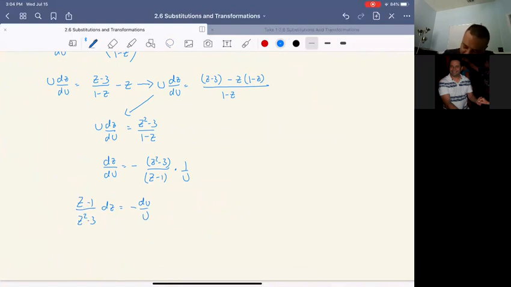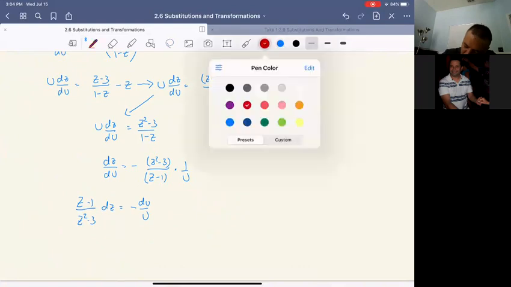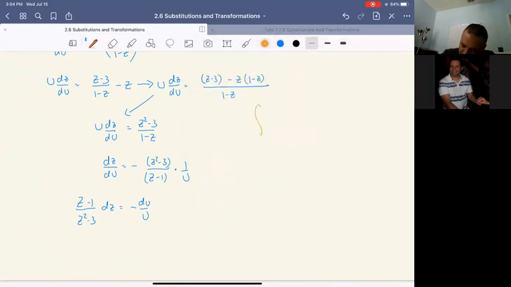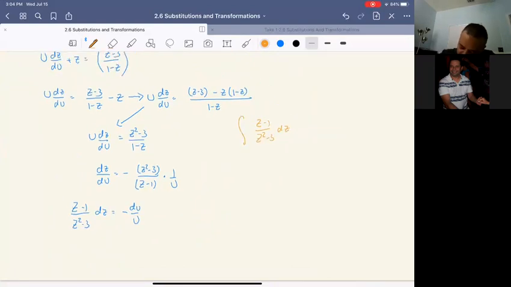So let's write the integral of z minus 1 over z squared minus 3 dz equals the integral of z over z squared minus 3 dz minus the integral of 1 over z squared minus 3 dz. This first integral is going to be 1/2 the natural log of z squared minus 3, right?